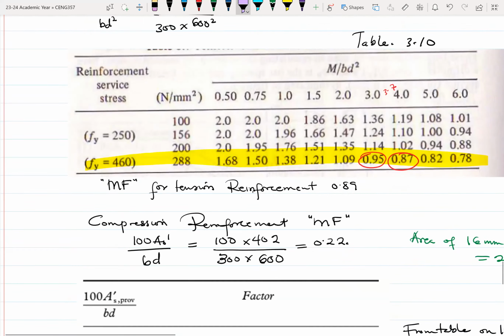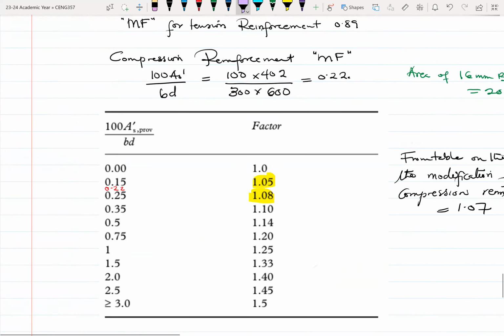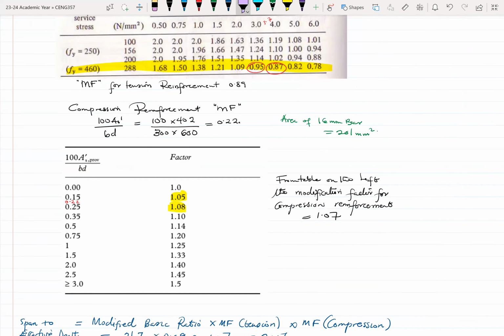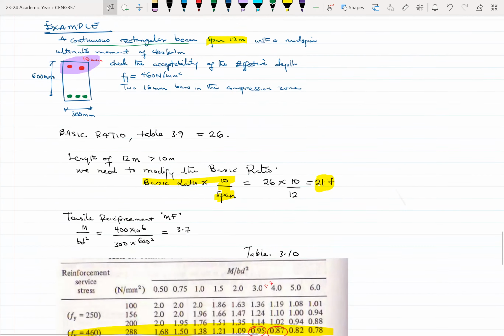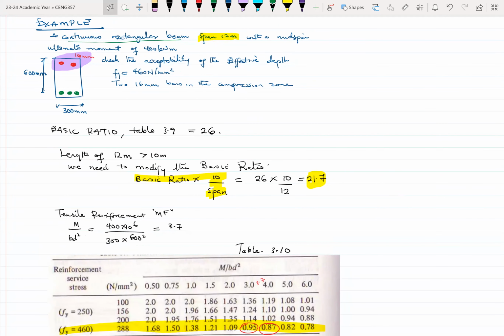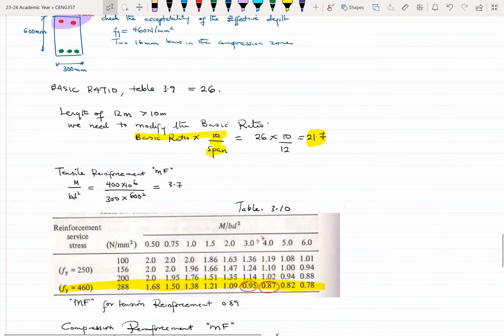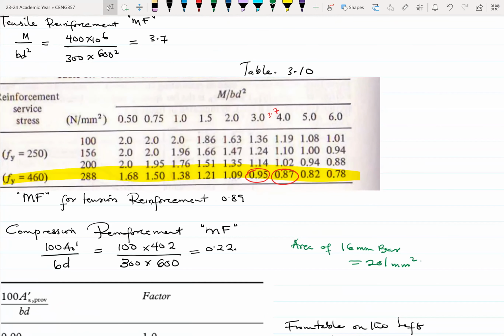So let's look at how to find the modification factors. Let's look at table 3.10, which is for the tension. The yield strength for the rebar is 460, so I come in here and choose 460. You have to find M over bd squared.